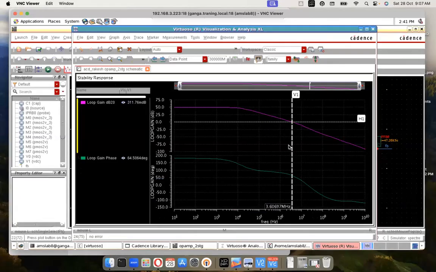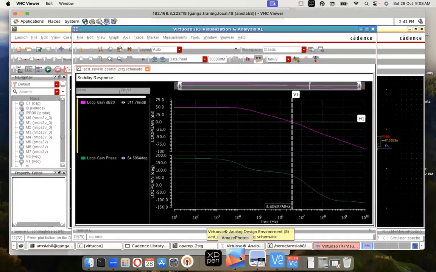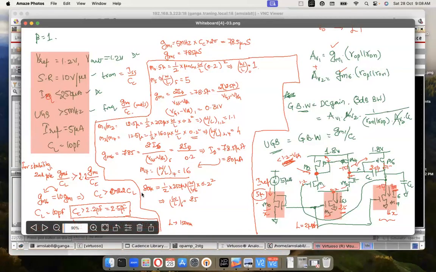The phase margin is calculated at UGB. The phase margin you see is 64 degree. That's a phase. So you still have 64 degree that you can go, meaning your phase margin is 64 degree. And from calculations, what did you calculate? You had calculated for 60 degree of phase margin, we did this assumption. Assumption was 60 degree of phase margin.